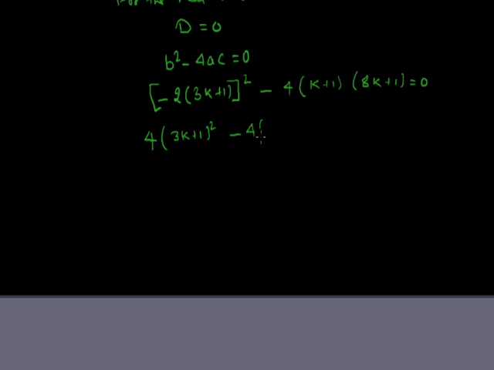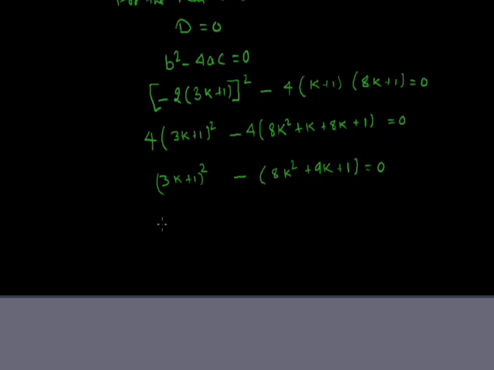So minus 4. Now we will multiply (k plus 1) into (8k plus 1). So this will be 8k square plus k plus 8k plus 1 equal to 0. Now 4 is common from both the terms, so we can also write (3k plus 1) whole square minus (8k square plus 9k plus 1) equal to 0.